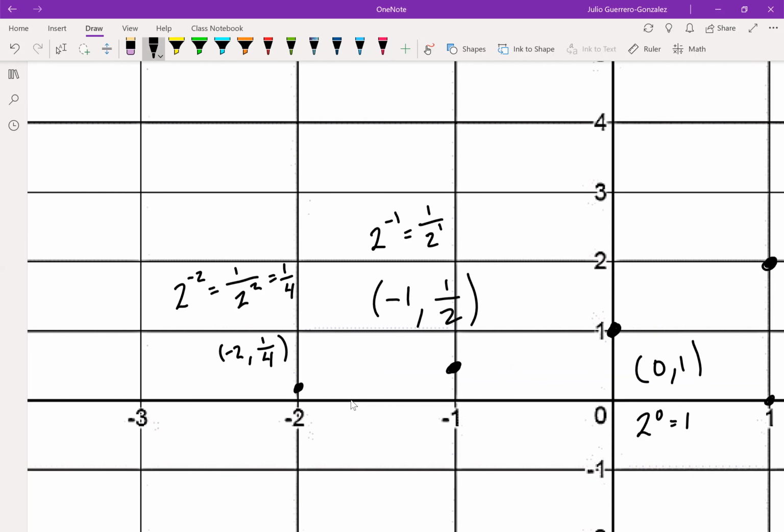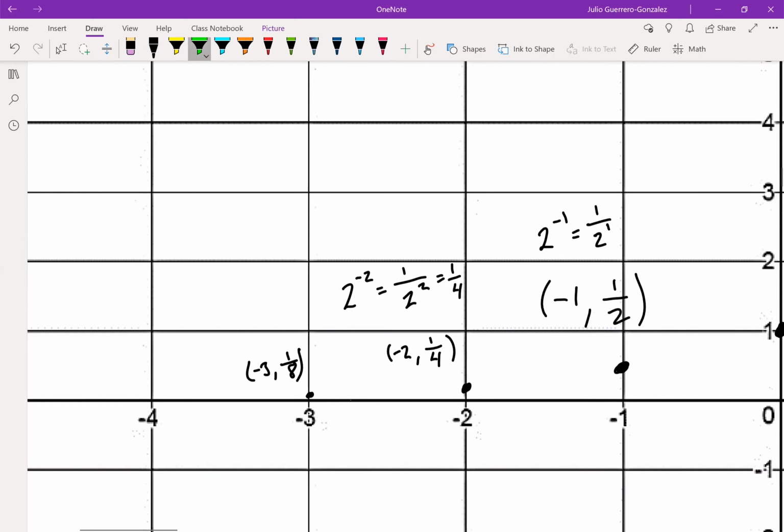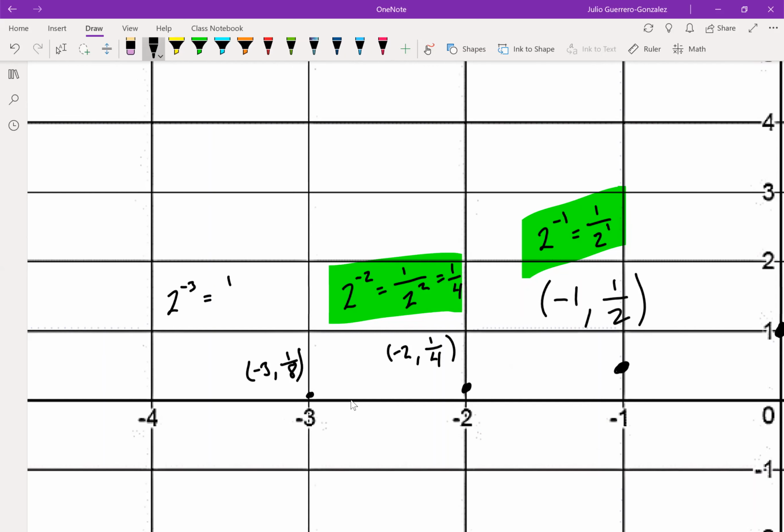And then it'll keep going down. So that point is going to be (-3, 1/8). Same work as we did in the previous two. We need to do 2 to the negative 3rd, which is 1 over 2 to the 3rd, and 2 to the 3rd is 8, so 1/8.